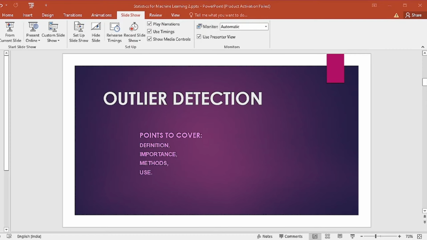The interquartile range is given by Q3 minus Q1, that is the middle 50% of the data. There is also a third method that uses a percentile-based approach. Data points that are above the 99th percentile and below the 1st percentile are considered outliers.